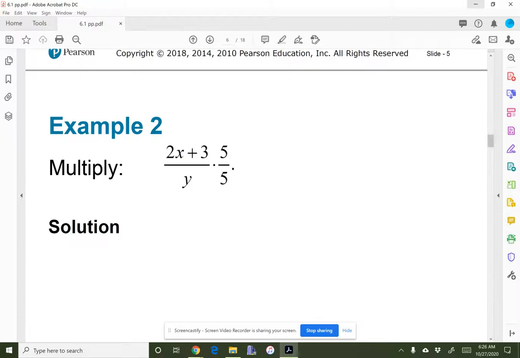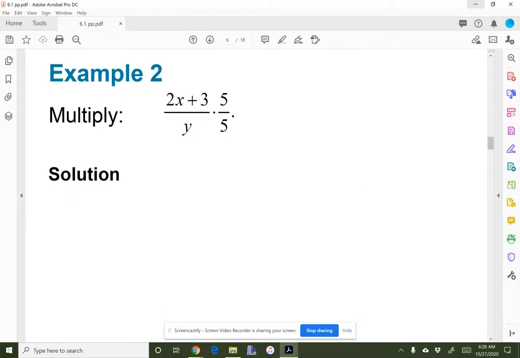For example, when I say factor everything, that means when we can. You look at this, nothing can be factored. So when we multiply, we have (2x plus 3) over y times 5 over 5, which is dumb because that's 1. But just so we are getting the idea of what's going on here, we multiply the top.